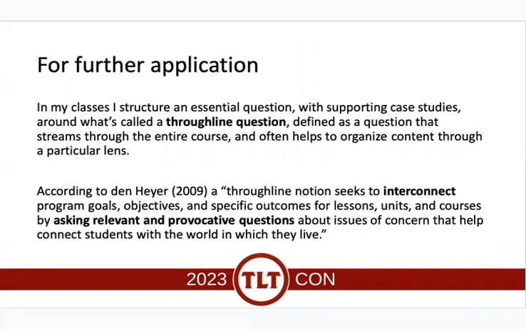Finally, in my classes, I often structure an essential question with supporting case studies around what's called a through-line question. This is defined as a question that streams through the entire course and often helps students to organize content through a particular lens.